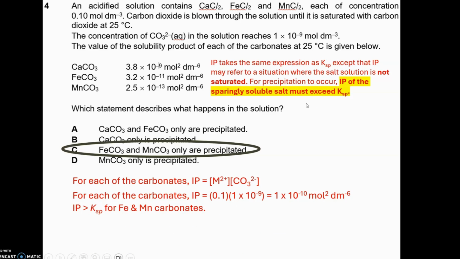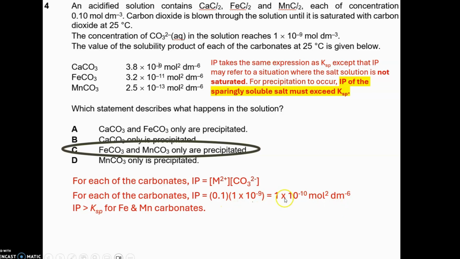So for each of the carbonates, they have the same type of formula. We can write their IP expression as the concentration of M2 plus multiplied by the concentration of carbonate ions. Question has given you that the concentration of M2 plus ions is 0.1 mole per dm cube. Concentration of carbonate ions 1 times 10 to the power negative 9.